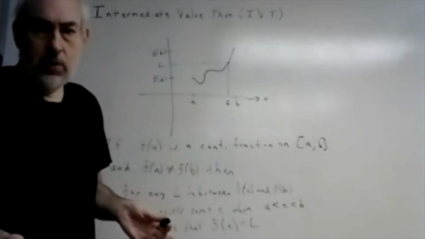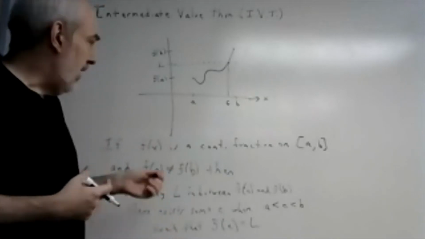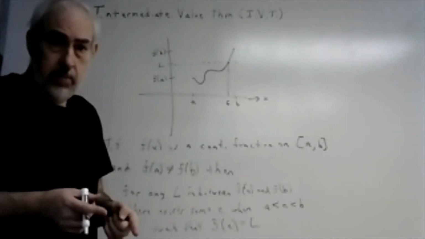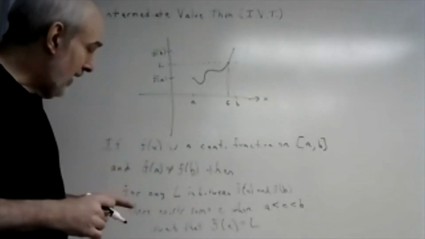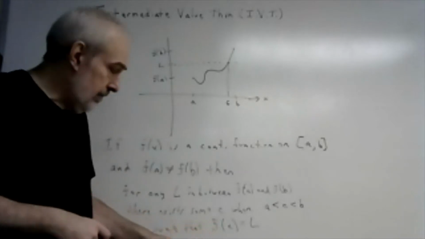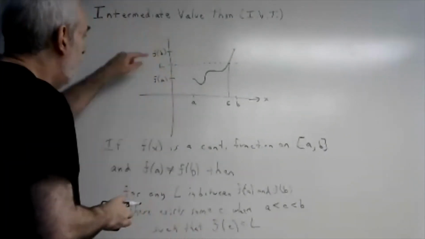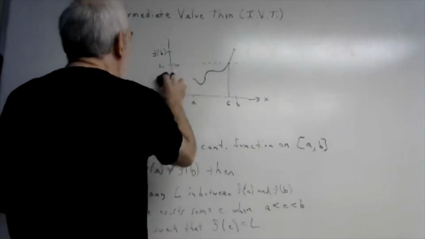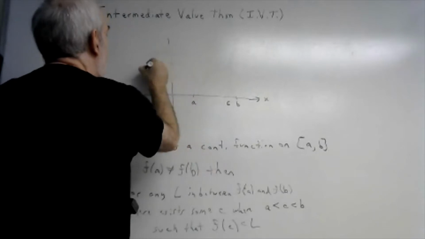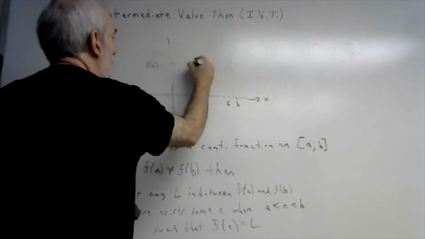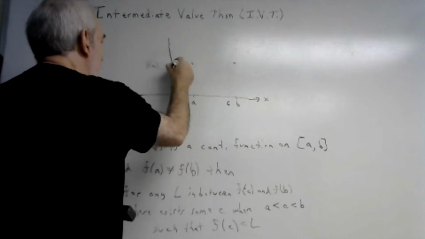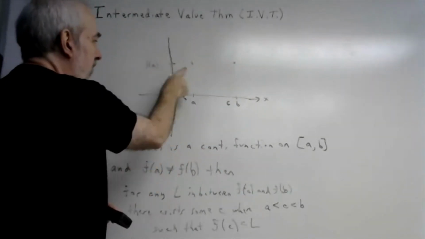Now, one thing to note is that if f of a and f of b were equal to each other, then you might not necessarily be able to find a value of f of c that equals L, because if the 2 points f of b and f of a are the same value, then that doesn't necessarily mean that there's a value of L that's in between f of a and f of b.